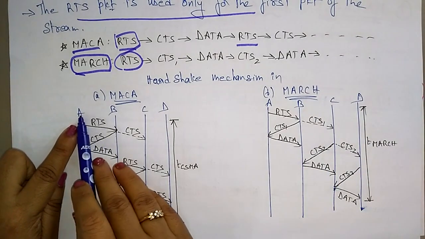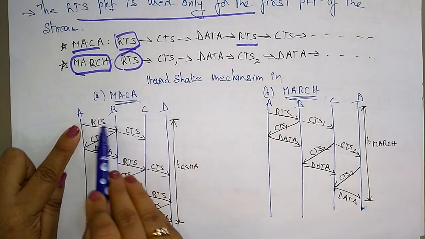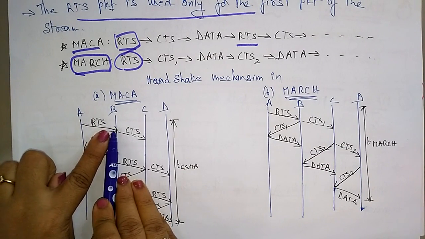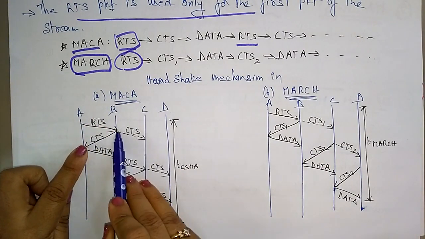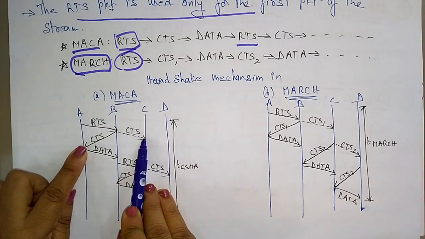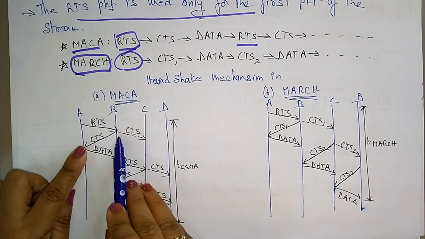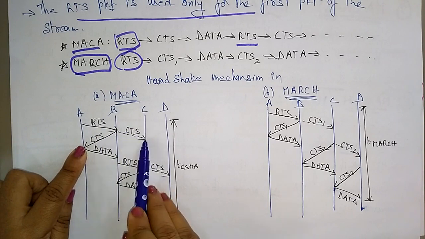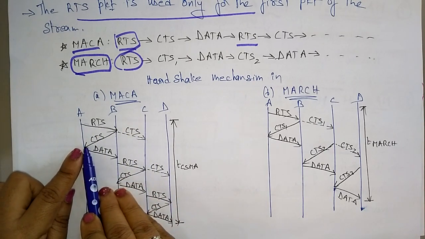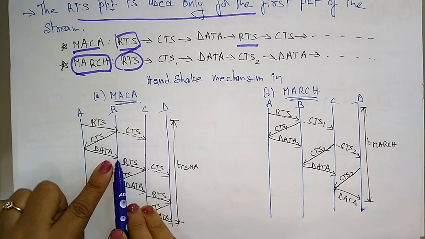Here are the nodes A, B, C, D. First it sends a request to send. Whenever B sees the request to send from A, it sends a clear to send, and it avoids sending to C, because it has already received the signal from A. It sends the clear to send information, and A sends the data.